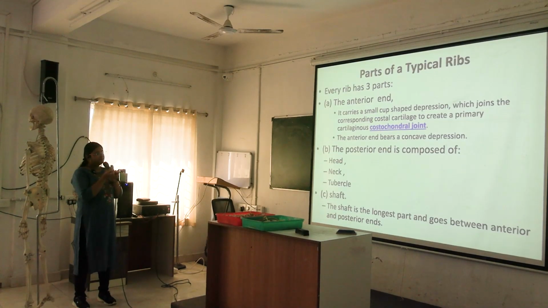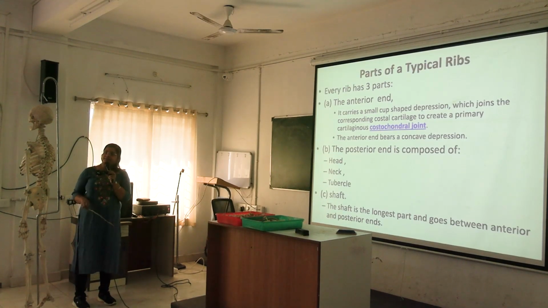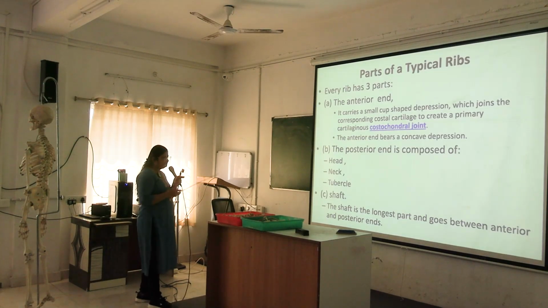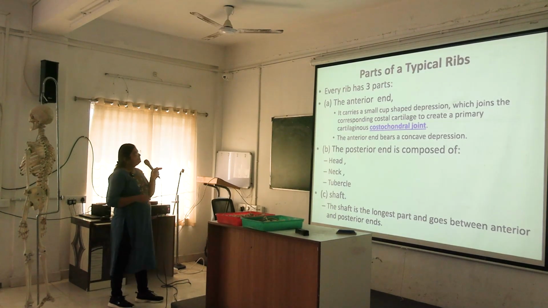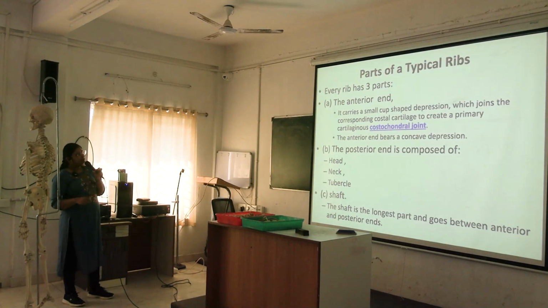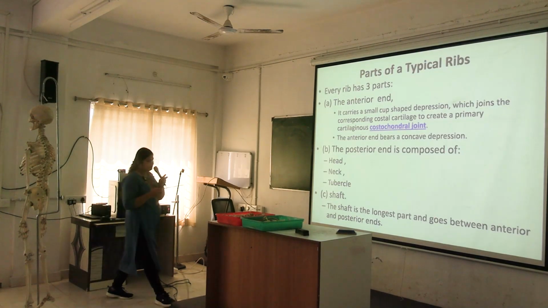Next we are going to discuss the parts of a typical rib. It is asked very frequently in Viva. Every rib has 3 parts: anterior end, posterior end and a shaft.